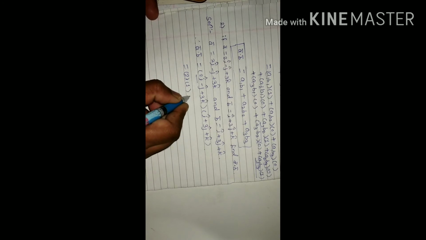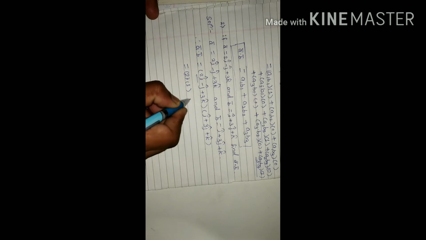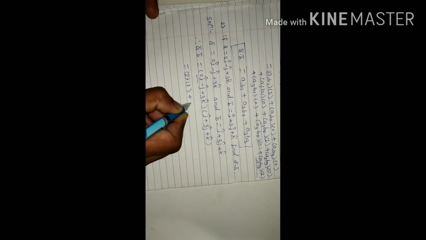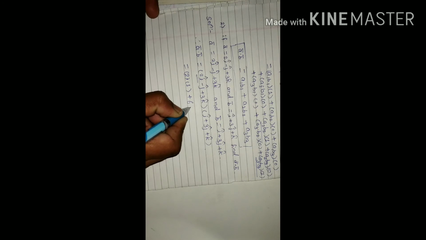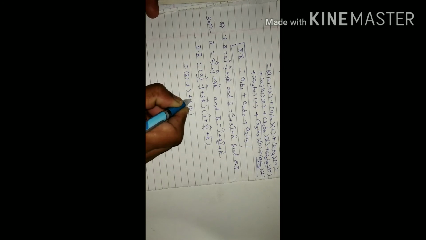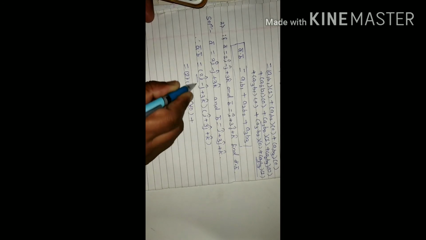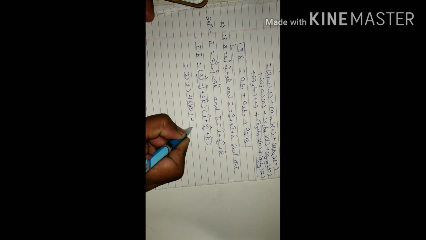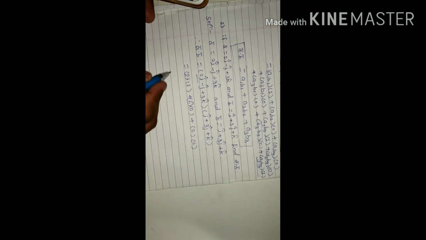Then 2 into 3, that is 6, i cap dot j cap, that is 0. Then plus 2 into 1 we get 2, i cap dot k cap, it is 0.